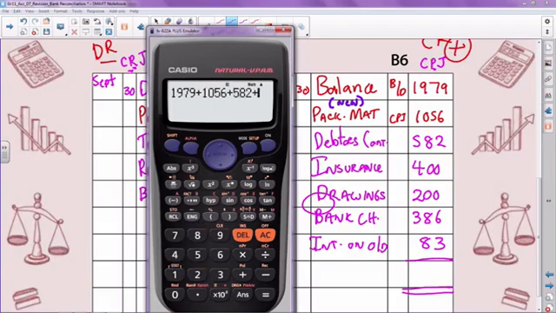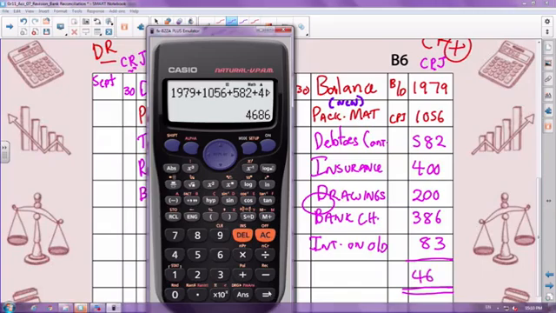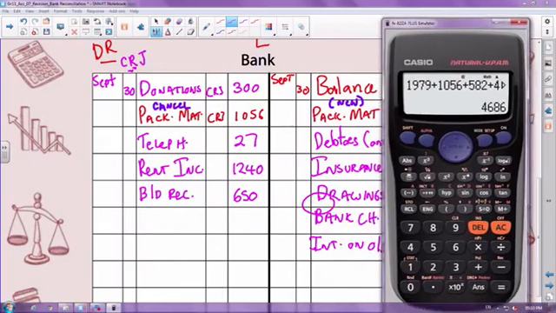I'm adding 400, plus 200, plus 386 and plus the interest of 83 Rand, and that gives me 4,686. So let's now go to the debit side.